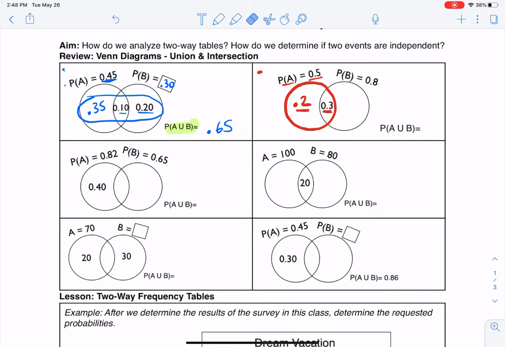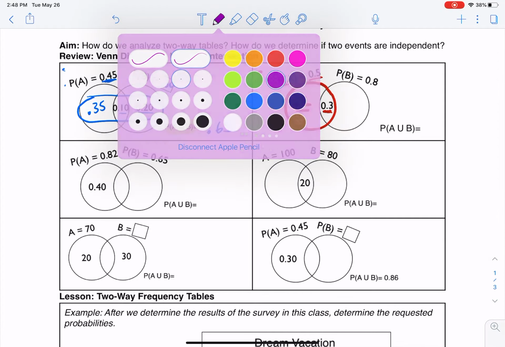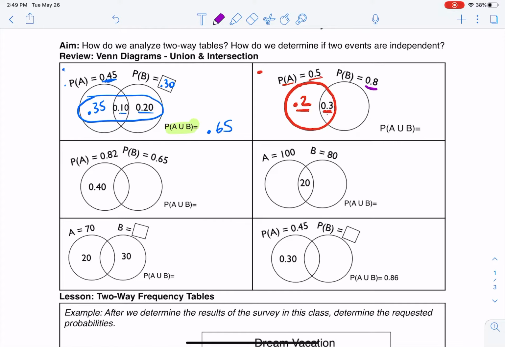Okay, so again, if this entire portion here is 0.8, I know that this portion plus this portion has to add up to 8/10, so this has to be 5/10. So the probability of the union, I'm just going to add these three pieces together. So 2/10 plus 3/10 plus 5/10, well, that's 1 whole.